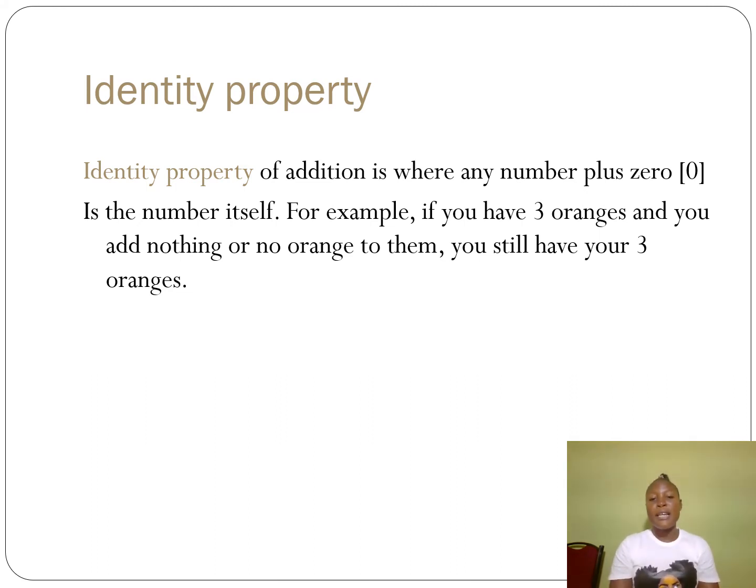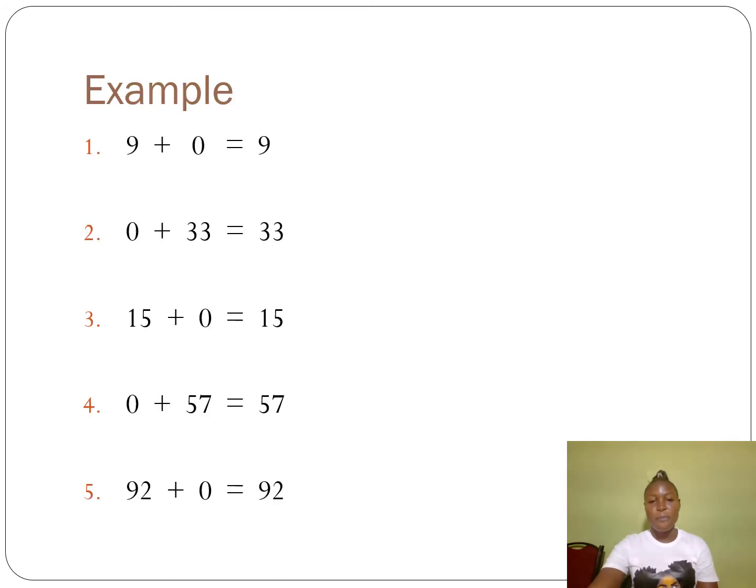Now, when we come to the identity property, it tells us that any number that has been added to 0 is the same number. So now I believe you've understood the three properties of addition.